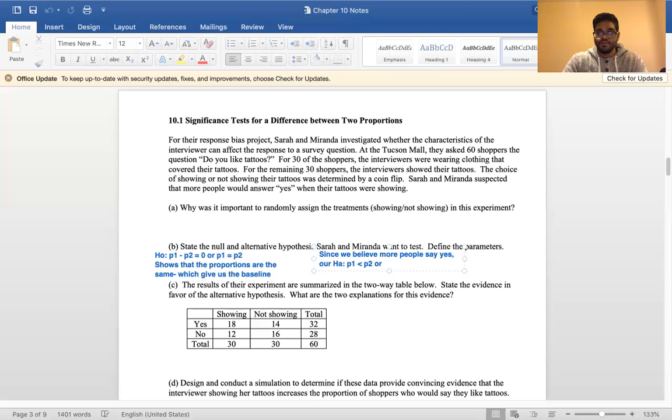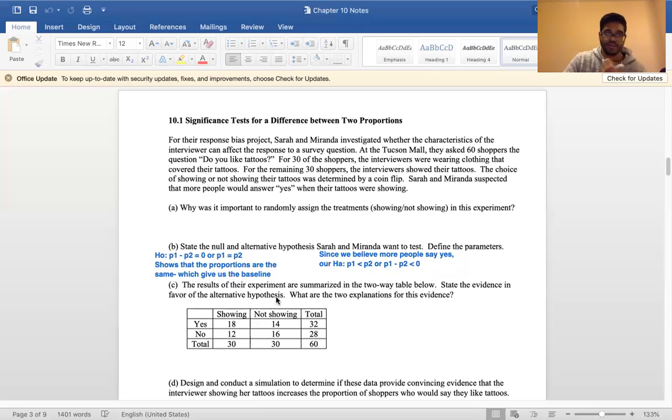Or I'm going to write this as P1 minus P2 will be less than 0, sorry, less than 0. Since P1 has to be less than P2, when you subtract the two, P2 is bigger, and therefore it's going to be less than 0.